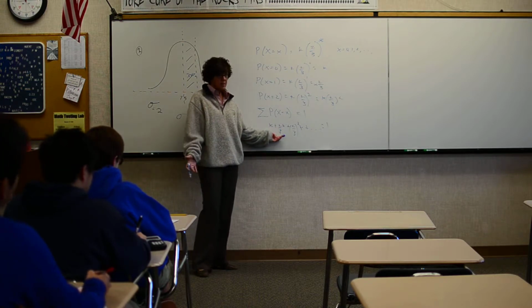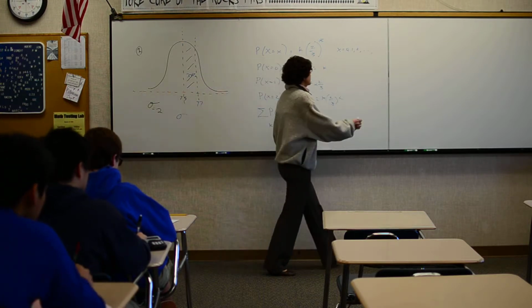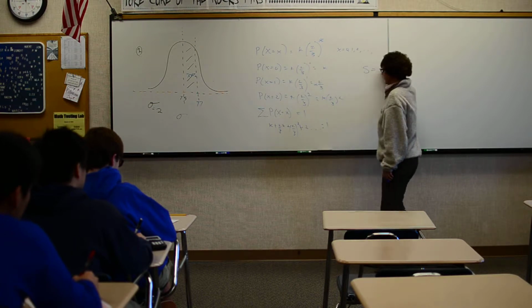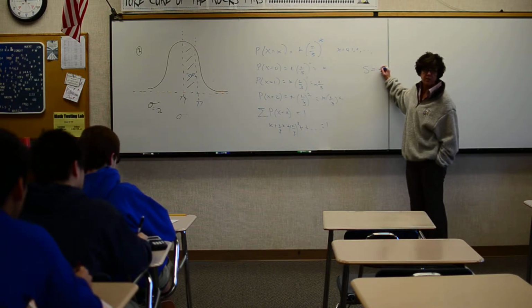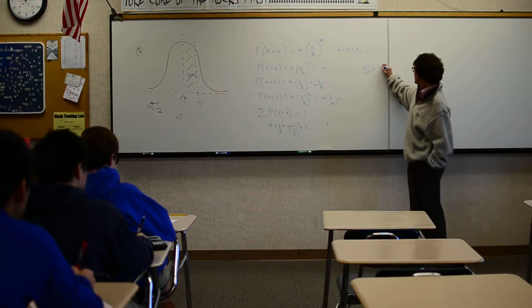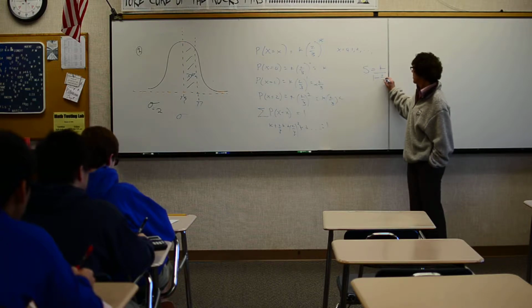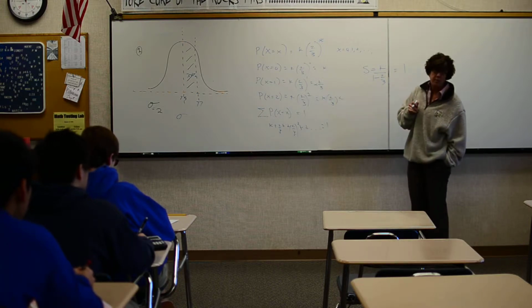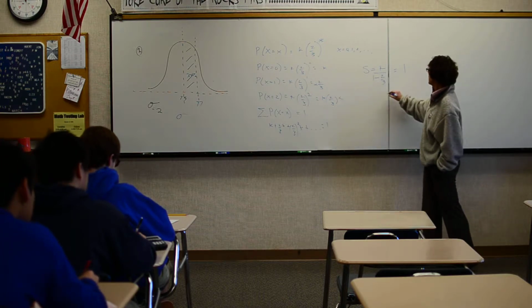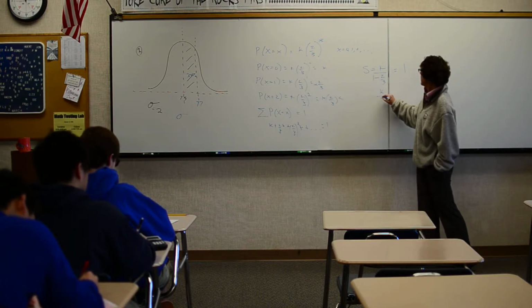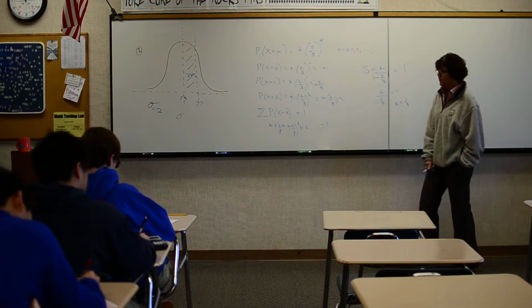It converges because the common ratio is less than 1. The sum of an infinite geometric series is a sub 1, which is k, over 1 minus 2/3, and that's equal to 1, because the sum of the probabilities was 1. So I solve this for k: k over 1/3 is equal to 1, so k is equal to 1/3.